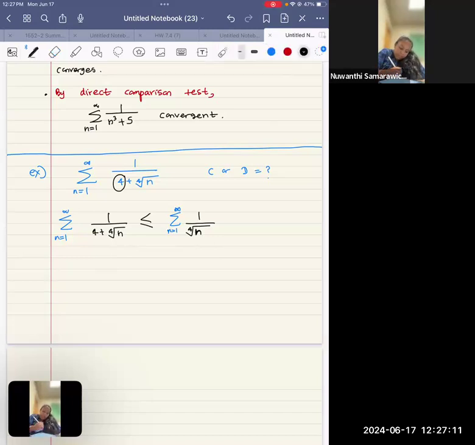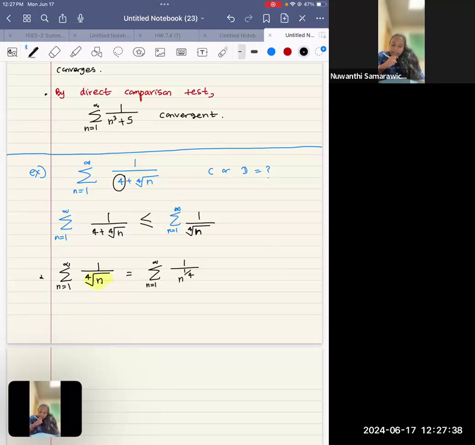Now we are going to compare with our new series. Let's write this in terms of an exponent: this is the same as the series 1 over n to the power 1/4. Now which technique are we going to use?